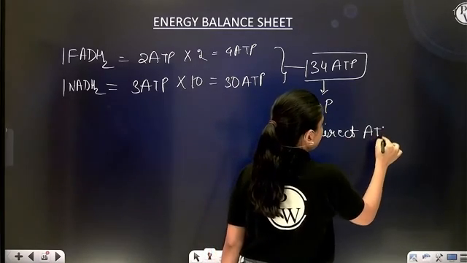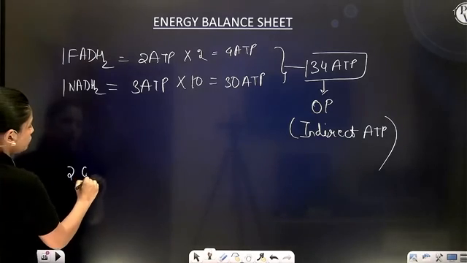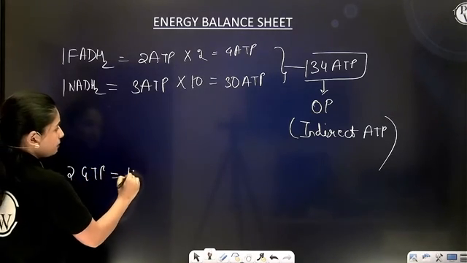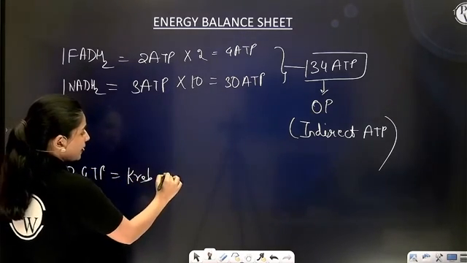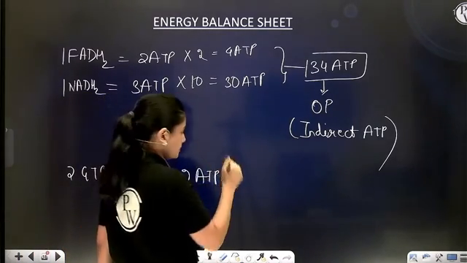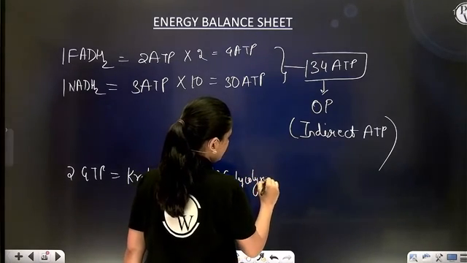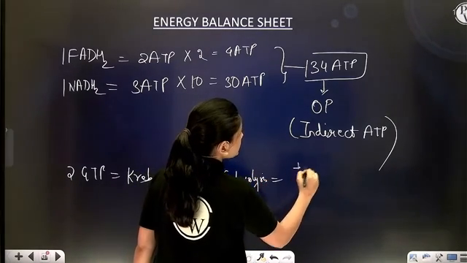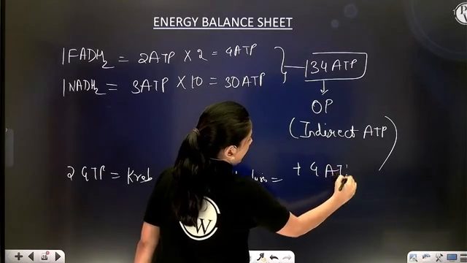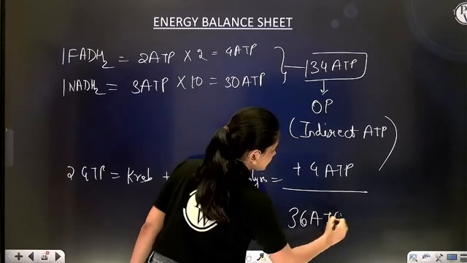Right? And 4 ATP, you know, already you have 2 in the form of GTP through the Krebs cycle plus 2 ATP through glycolysis, right? So that makes plus 4 ATP, and the total energy balance comes to be 36 ATP.